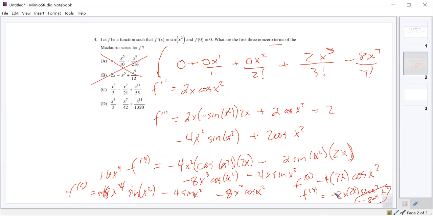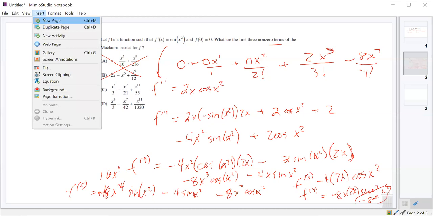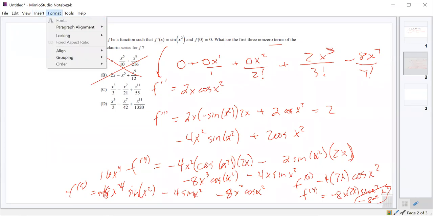Nah, there had to be other terms in there. There's got to be a better way to go about that than taking that many derivatives. I guess what we should probably do is, that's not going to work either.